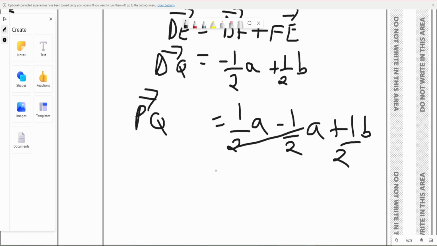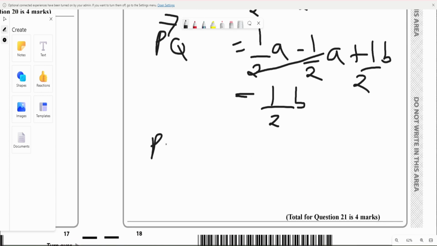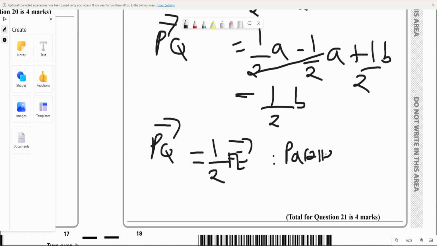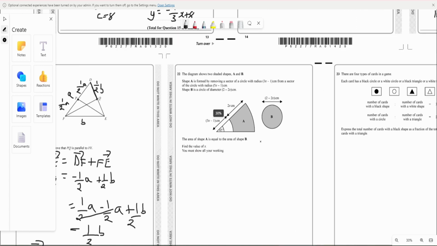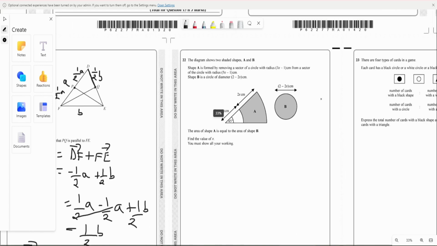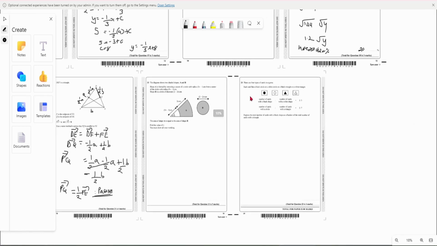You're going to get half B. PQ is equal to half of FE, and therefore they are parallel. That's question 21 done.